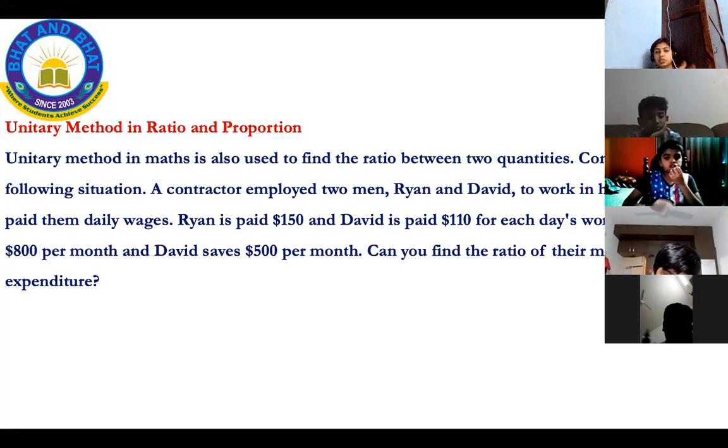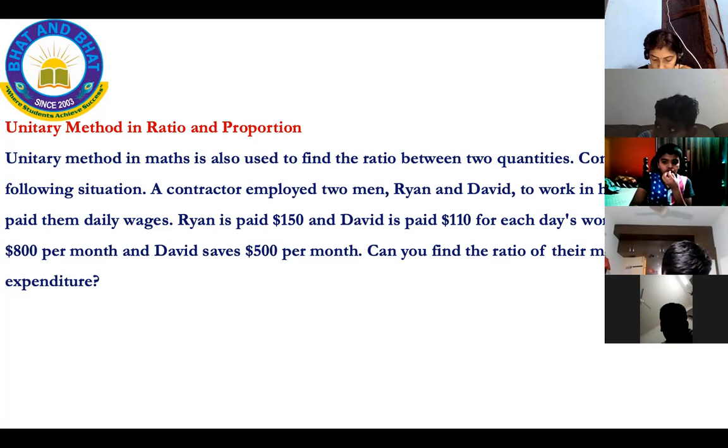Ryan is paid 150 rupees and David is paid 110 rupees for each day's work. Ryan saves 800 rupees per month and David saves 500 rupees per month. Can you find the ratio of their monthly expenditure?